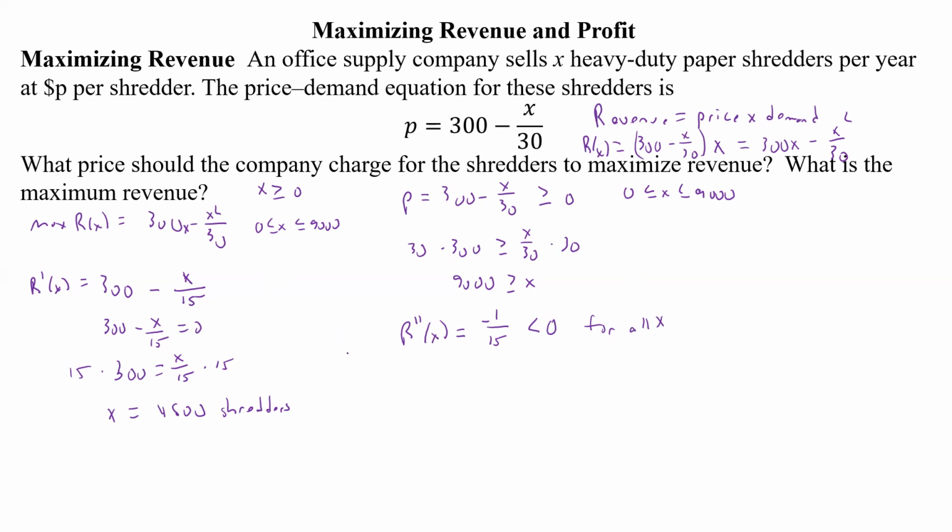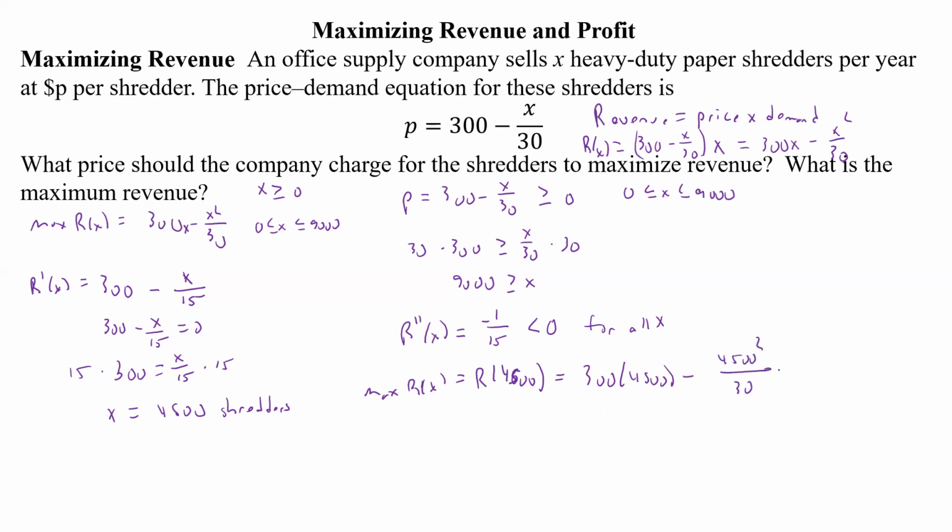So with that said, the max R of x is going to be R of 4,500. That's going to be 300 times 4,500 minus 4,500, the quantity squared, over 30.